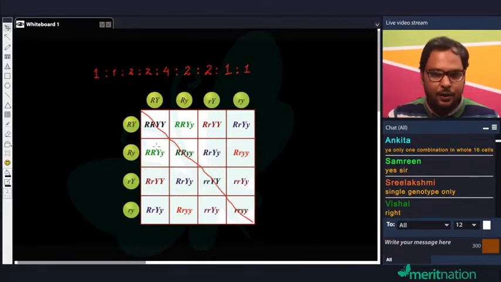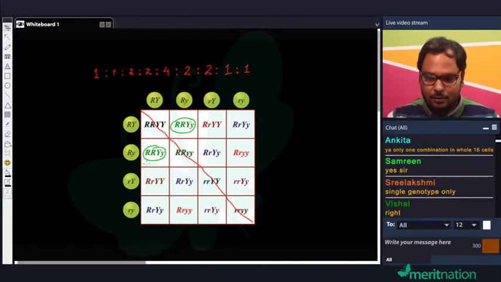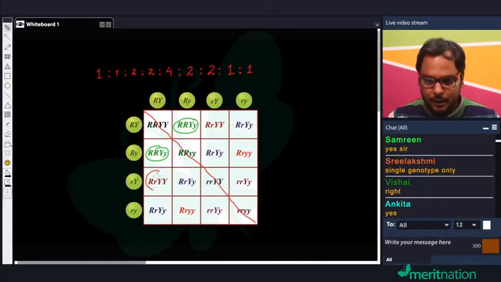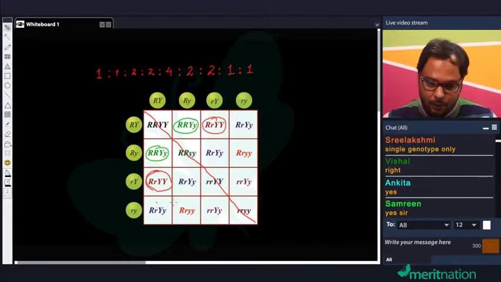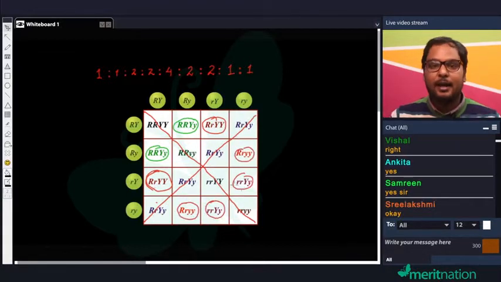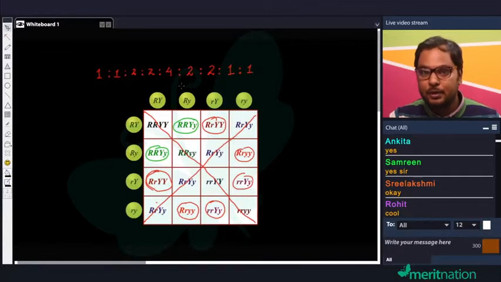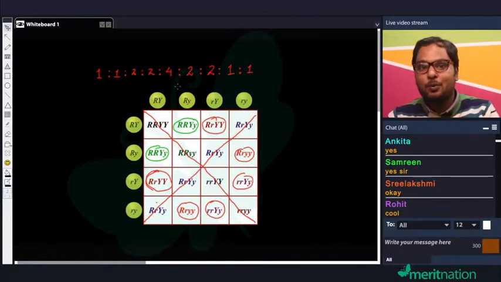On the other hand, if you see this green color, definitely it is the same. If you see this particular genotype, it is the same. This diagonal is the same. This one also. And that is why there is 1 is to 1 is to 2 is to 2 is to 4 is to 2 is to 2 is to 1 is to 1.